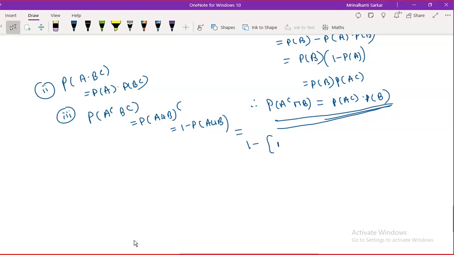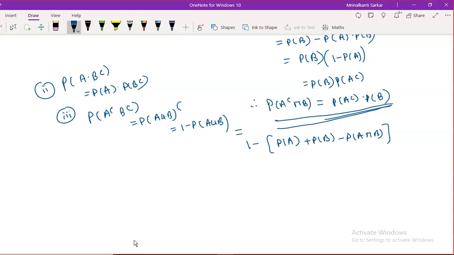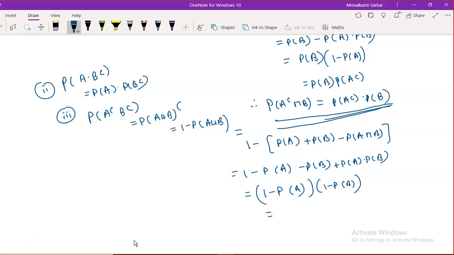This you write now: 1 minus P(A) plus P(B), and these two are independent events, we can write. So you factorize this. This is going to be P(A complement) into P(B complement). Alright, so this is the thing.